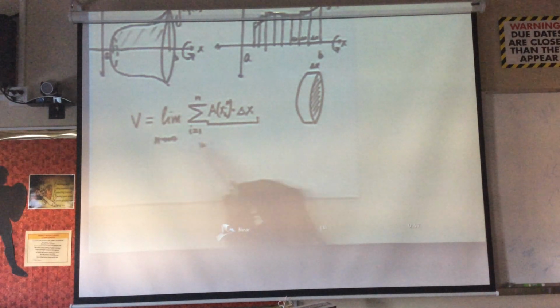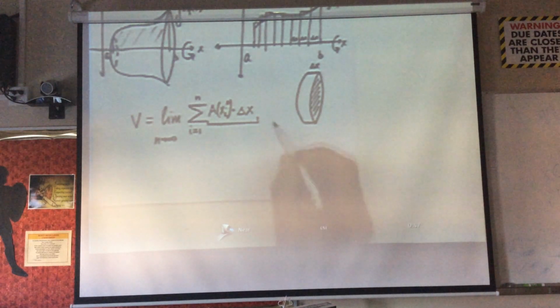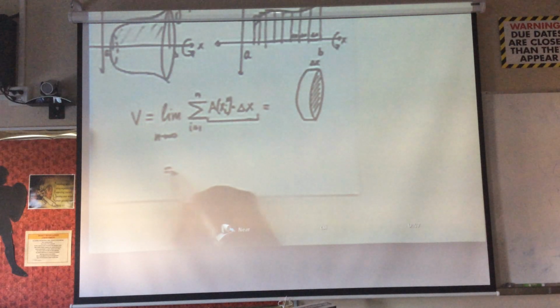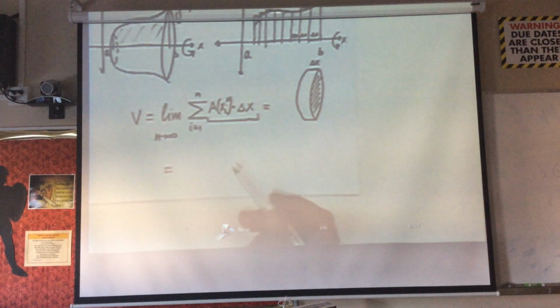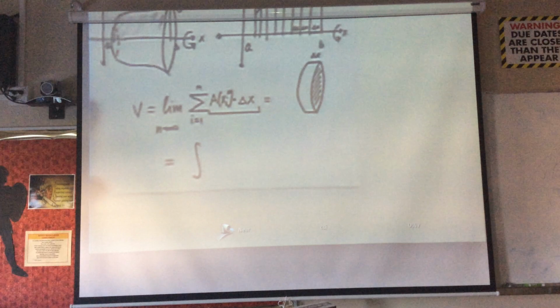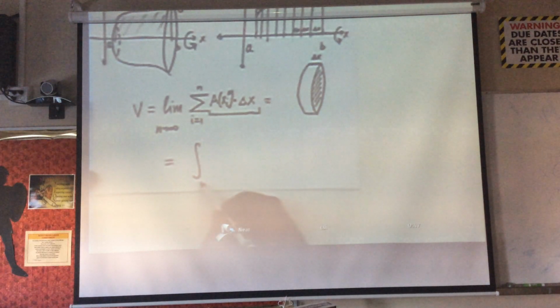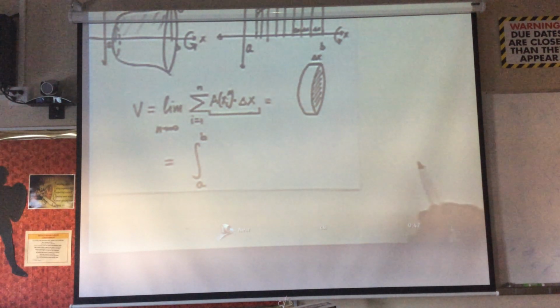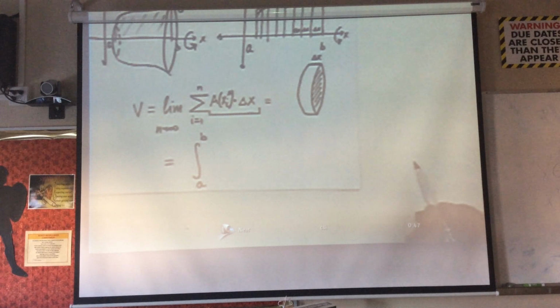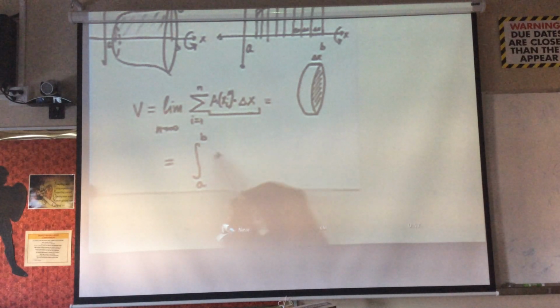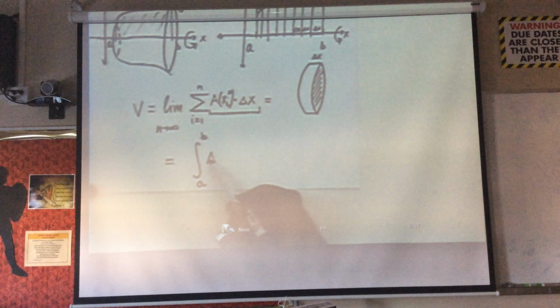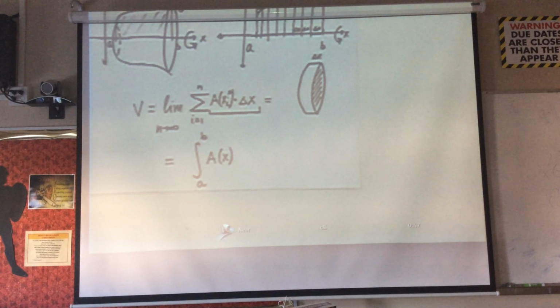So the question is, all right, that's nice, but what do I do with this? Well, you know from the area that this is the integral from A to B, integral from A to B, then A of x. So what is A of x? It's the area of a cross section.